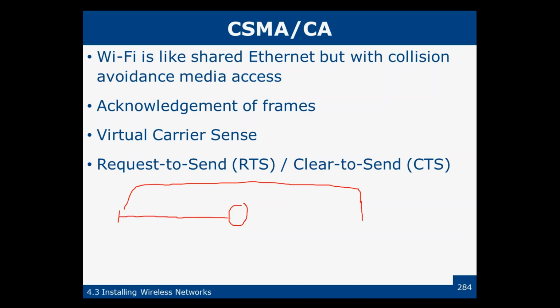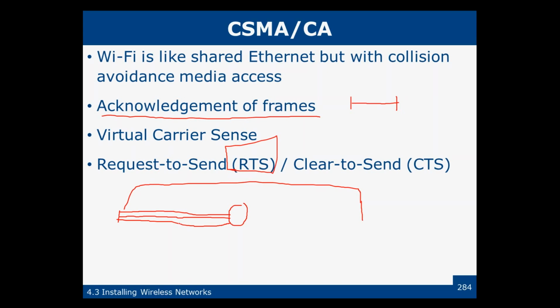So what we use is collision avoidance, and what happens is this guy wants to send some traffic. It goes to the access point and sends an RTS, a request to send signal. And then it sends back a clear to send signal, and then the data gets sent. And when the data gets sent, it has to acknowledge every frame. Unlike when we did Ethernet, we had a window where we could send multiple frames, depending on how big we made the window size, before we did an acknowledgement.